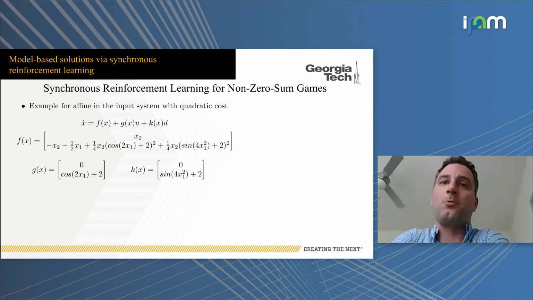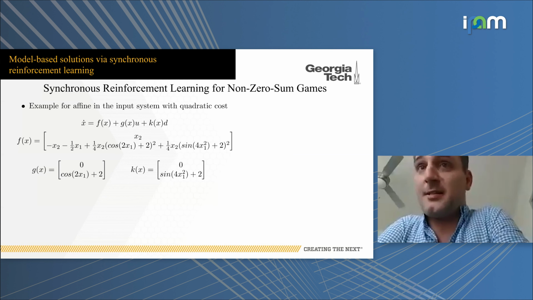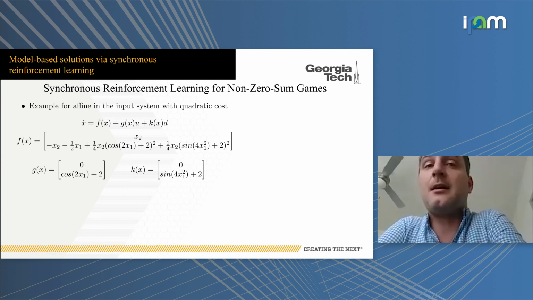Let's see how this works for this example, which is a nonlinear system where f(x) has all these weird terms with cosine and sine. My g(x) and my k(x) are also nonlinear functions.